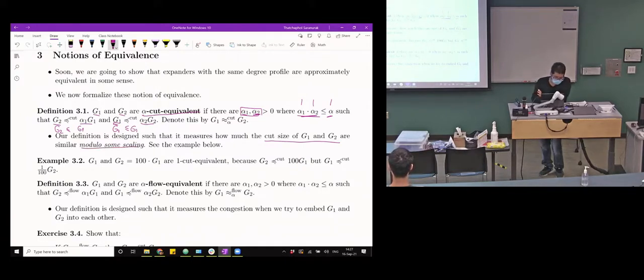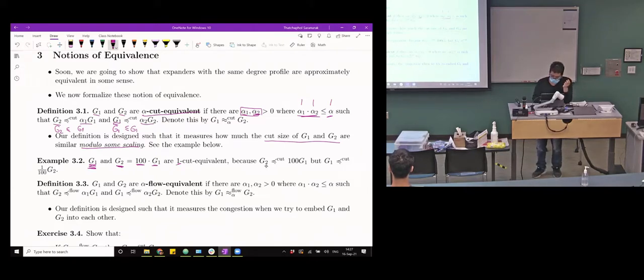What do I mean by that? If you take G1 to be some graph and G2 to be the same as G1, but scaled by 100, they will still be equivalent with this definition. Why? It will still be 1-equivalent, exactly the same.